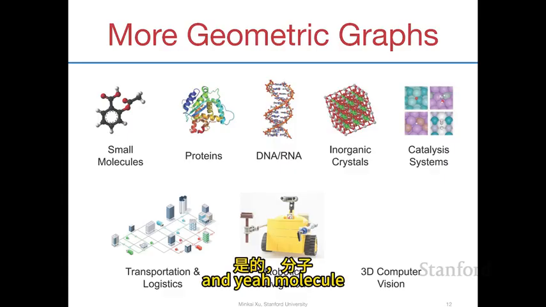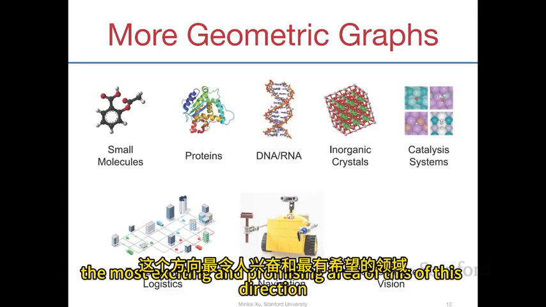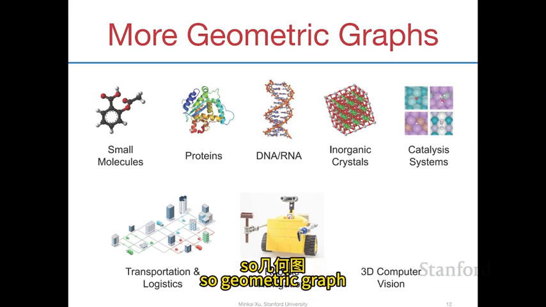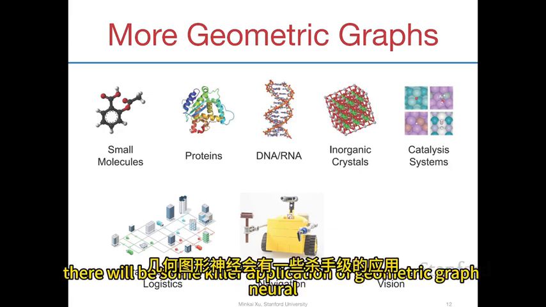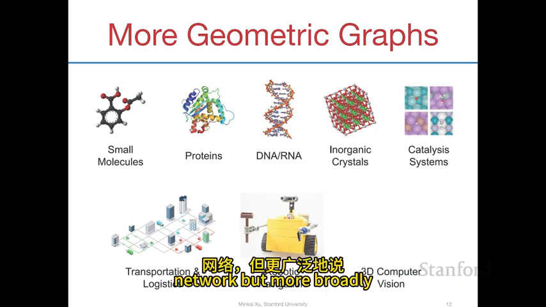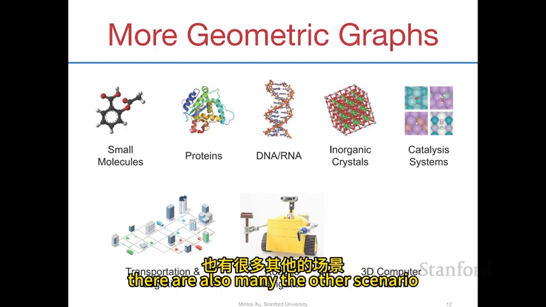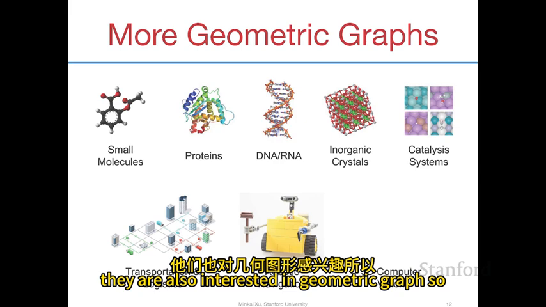And molecule is the most exciting and promising area of this direction, geometric graph. It seems like there will be some killer application of geometric graph neural network. But more broadly, there are also many other scenarios interested in geometric graphs.